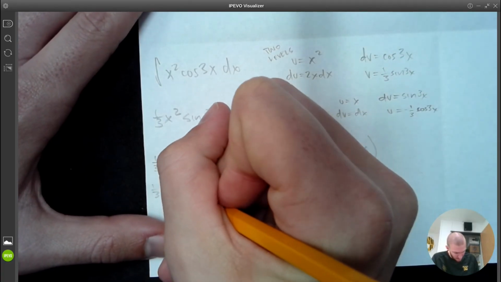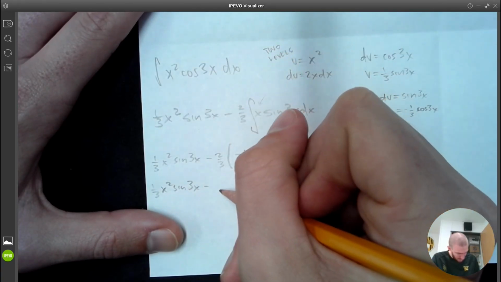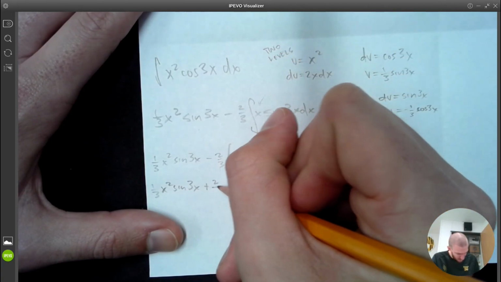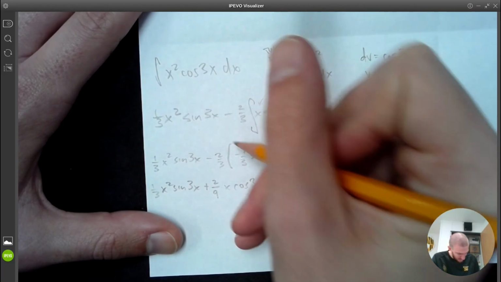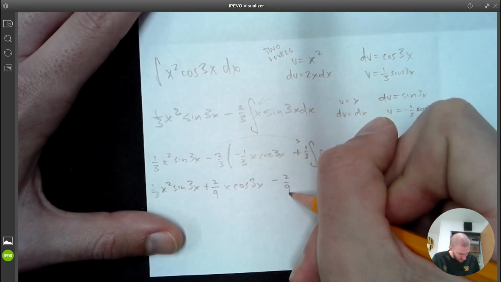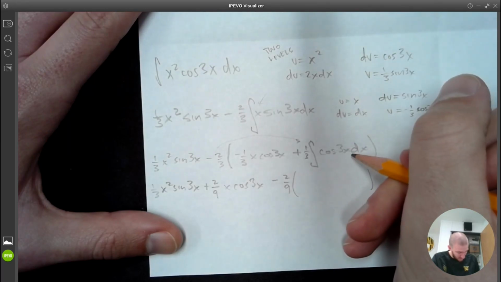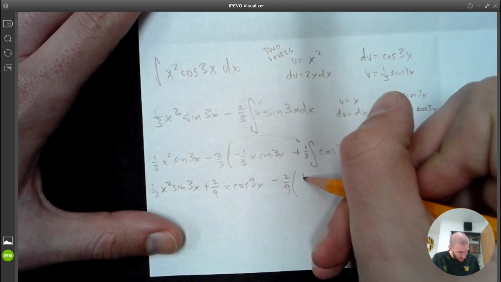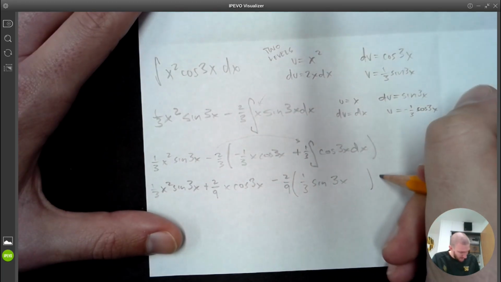1/3 x squared sine 3x minus, multiply these, positive 2/9 x cosine 3x. Make sure I distribute this, negative 2/9 times the integral of cosine 3x is going to be 1/3 sine 3x. We already did that. Plus c.